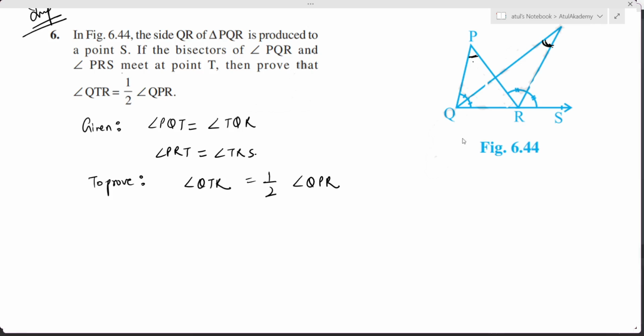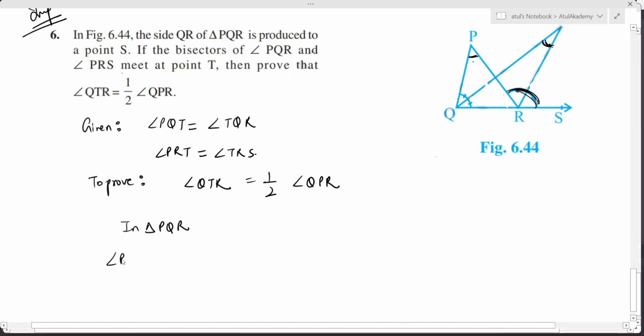If you look at this whole angle, can I say that this is an exterior angle of triangle PQR? Yes. So we will be using the exterior angle property in this question. In triangle PQR, I will say that angle PRS is equal to angle PQR plus angle QPR. Clear, students?